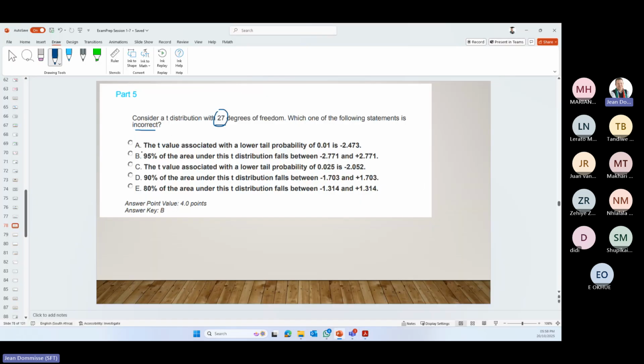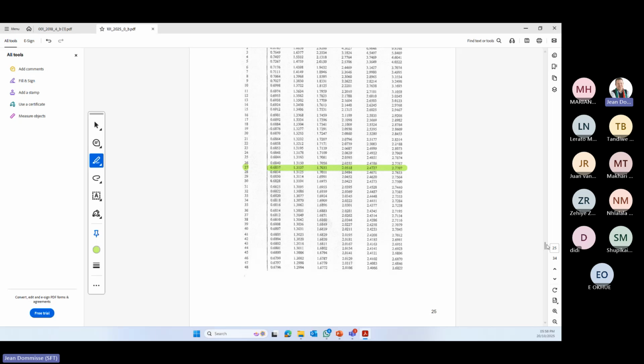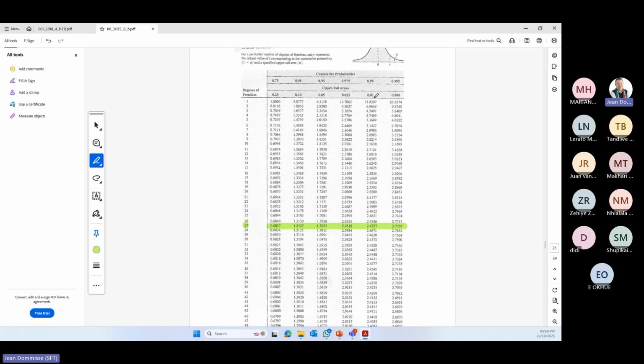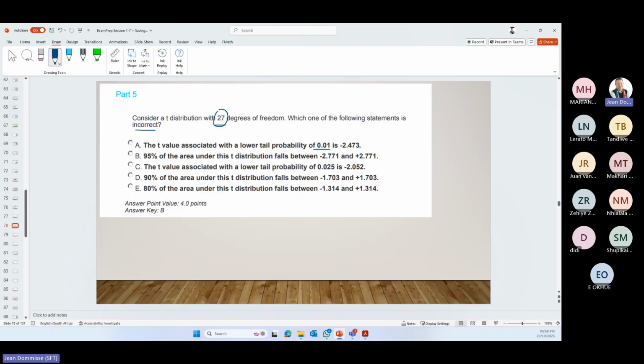The t-value associated with a lower tail probability of 0.01. Let's go up to 0.01 and go down: 2.473. If it is on the lower side, it will be negative, so minus 2.473. Okay, so that is correct.